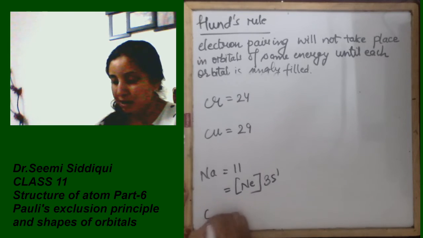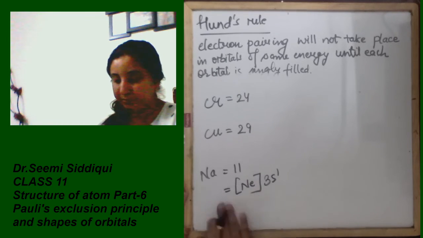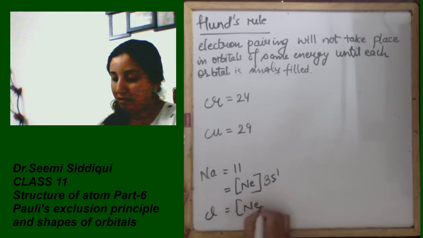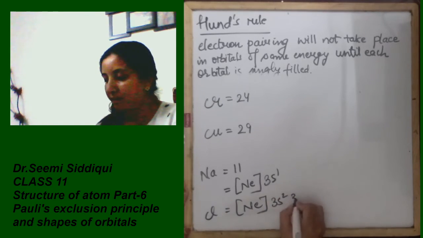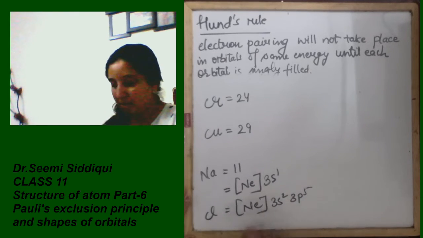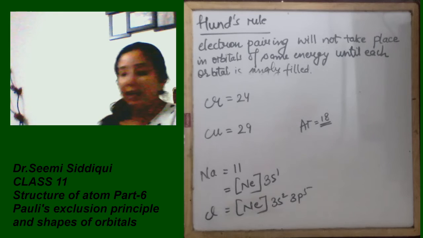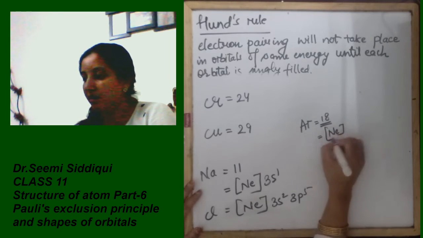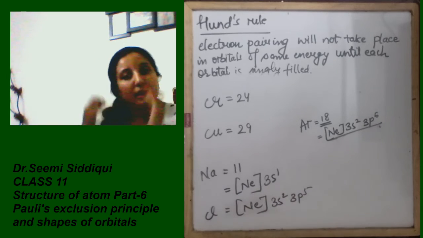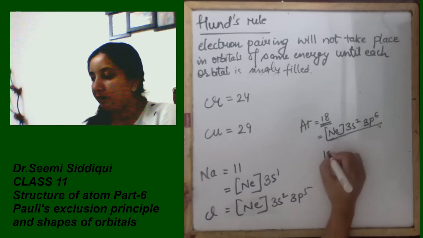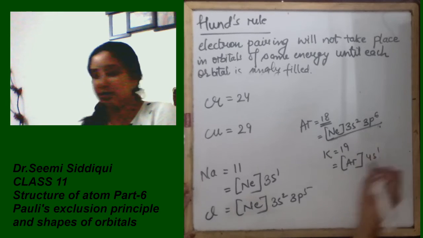Got it. अब क्लोरीन तक it will be your neon only. 10 इलेक्ट्रॉन हो गए, बचे आपके 7 इलेक्ट्रॉन्स, that is your 3s2 और 3p5. अब क्लोरीन के बाद comes the argon, that is your 18 electrons. Okay, तो 18 electrons के लिए again what we do, we write down the first neon and then 3s2 3p6. अब यहाँ पे जो है octet पूरा हो रहा है, तो argon के बाद जो इलेक्ट्रॉन आएंगे that is your potassium onward 19. आप क्या लिखोगे, argon over here and then 4s1.